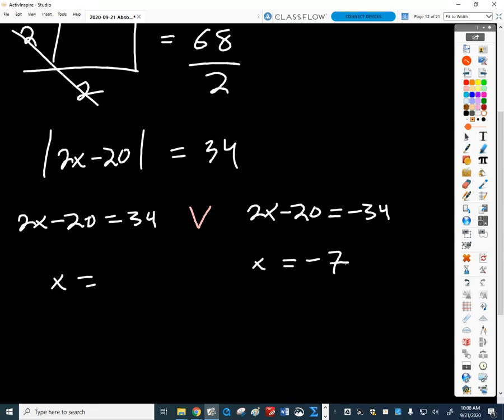I'm buying that. This one, that doesn't seem right to me. So that would be 27. Good. Right. And you guys can probably do those in your head, can't you? We're going to add 20 to 54, divide by 2, and get 27. Good. Okay. So those are our 2 solutions we should get, 27 and negative 7.